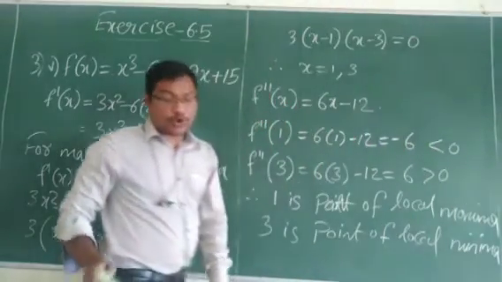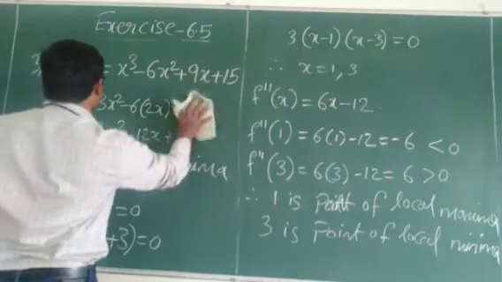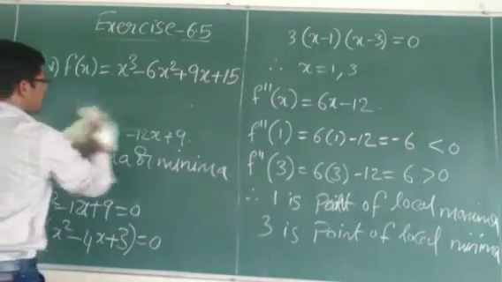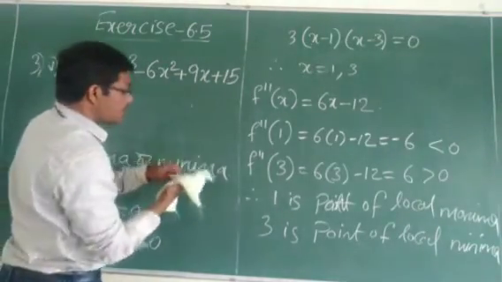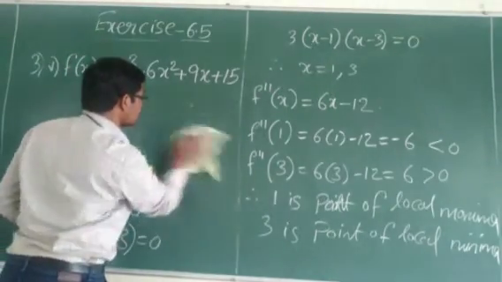Now once you get the points of local maxima and local minima, we can substitute them in the given equation to find the maximum value and the minimum value.